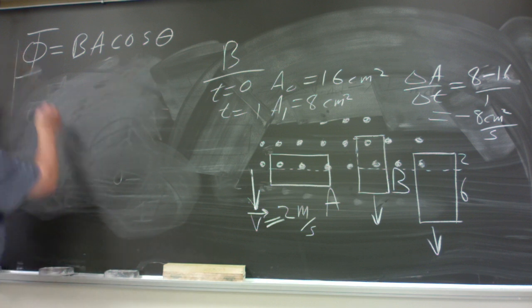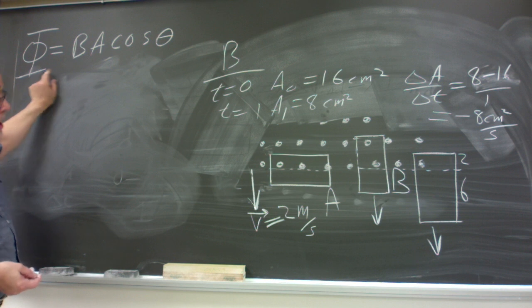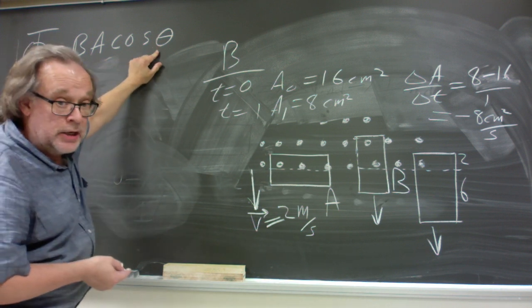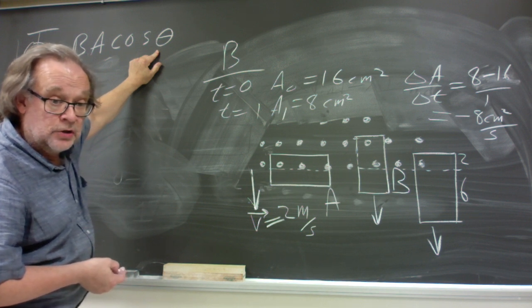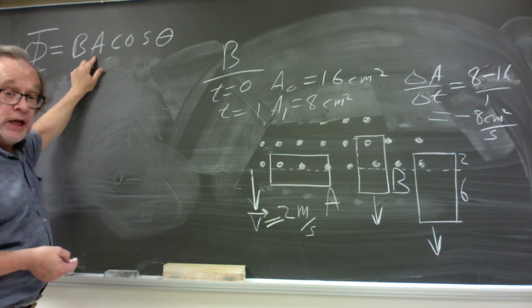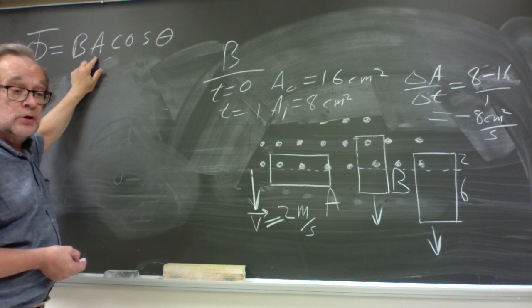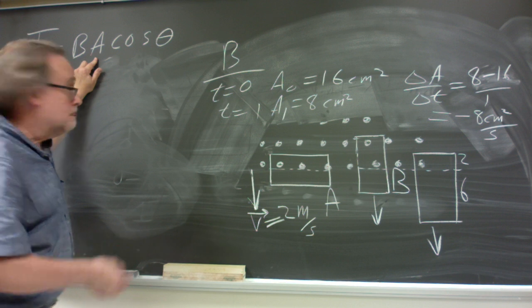A change in flux, in this case, is not coming from any change in the field strength, and it's not coming from any change in the orientation of the field and the loop. It's coming from a change in the area, and for loop A, the area changes faster, or the rate of change that this number has is bigger for loop A than it is for loop B.